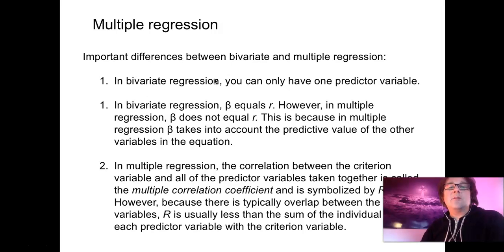Okay, and finally, in multiple regression, the correlation between the criterion variable, your predicted y variable, and all the predictor variables taken together is called the multiple correlation coefficient, and it's symbolized by a capital R. Hang on to that term, because we're going to look at it, and I'll explain it in much better detail when we do this in SPSS.